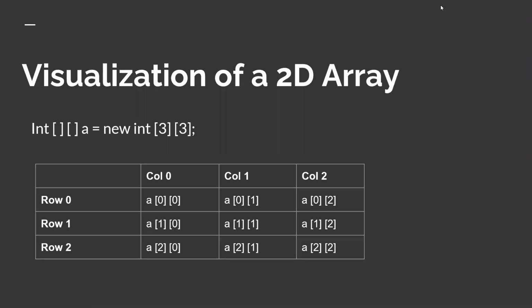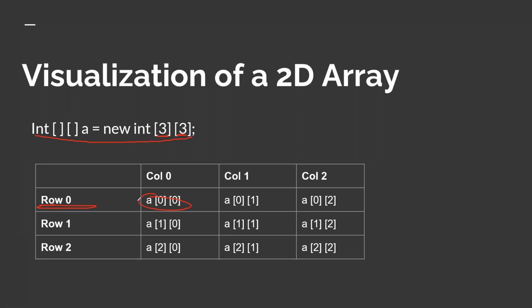Okay, so the visualization of a 2D array. Like I was saying, we can think of it as rows and columns. Here, this is a new integer array of 3 rows and 3 columns. The first one is rows, and the second one is columns. If we look at row 0, row 1 and row 2, we can say A[0][0] is the 0th row and the 0th column.